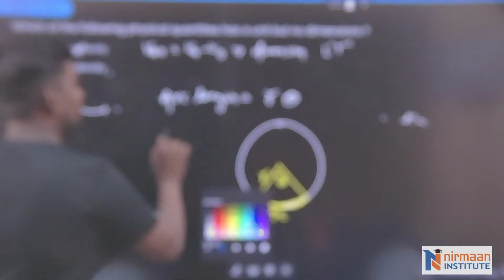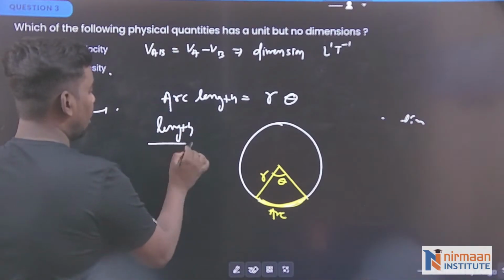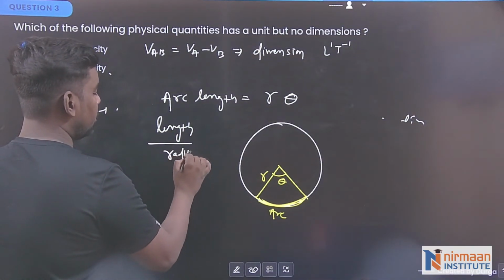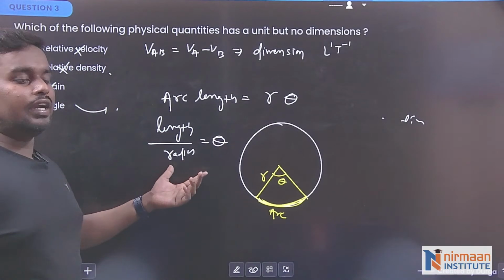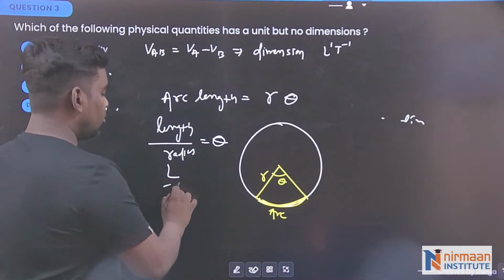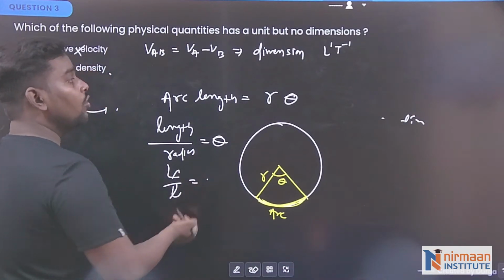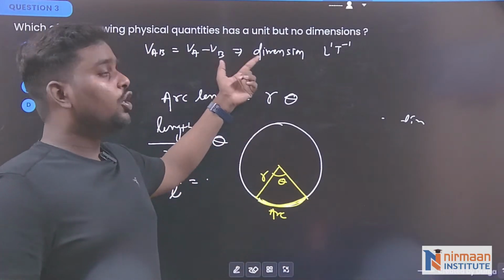Like if a circle is there and this angle is theta, this length is the arc length, and the formula is r theta, where r is the radius. So theta is length upon r. Radius has dimension L and length is also L, so dimension-wise it's L by L, it will cancel.